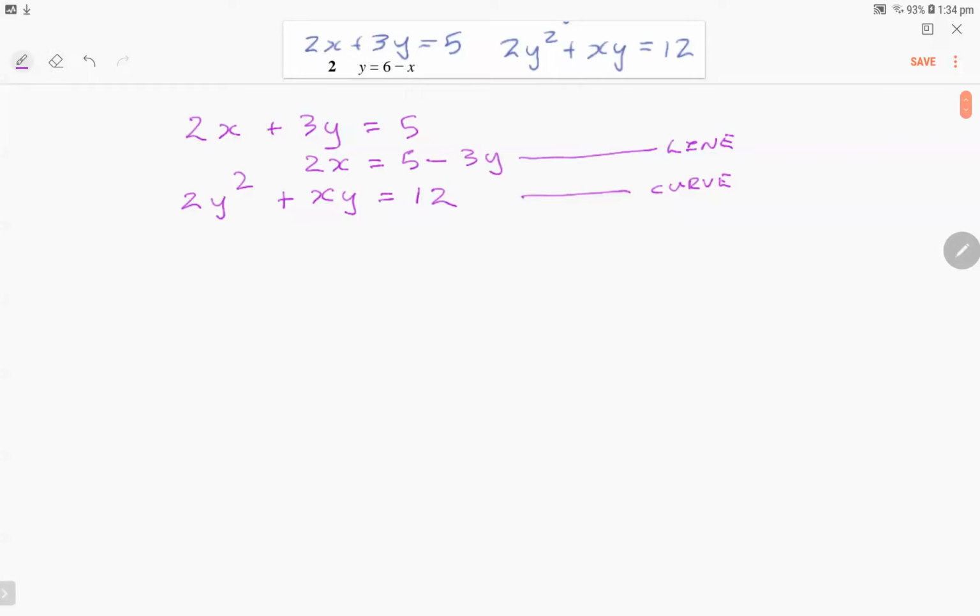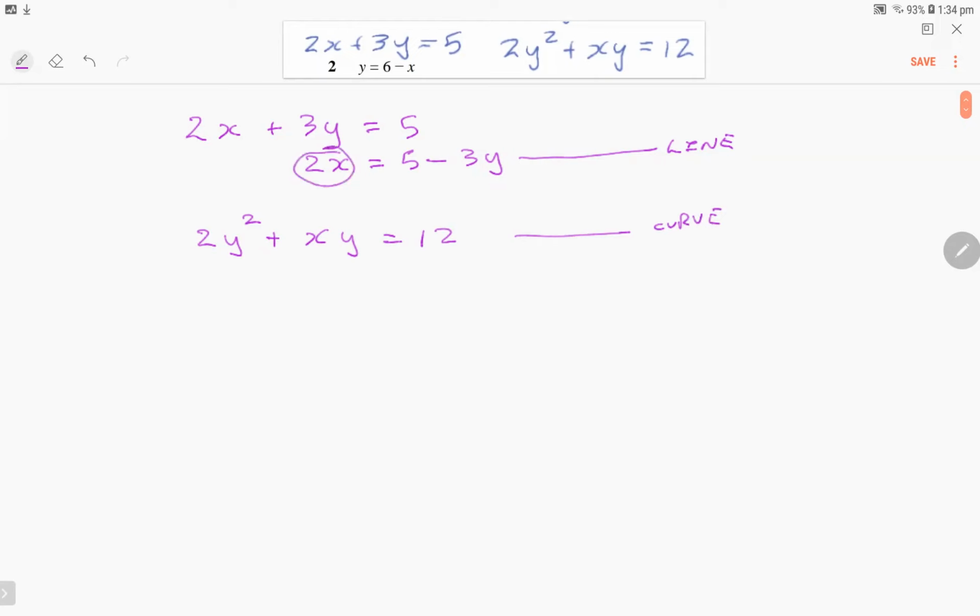All right, and then for the curve, I'm going to make an adjustment to the curve as well. Write this lower down so we can see it a little clearer. So the curve was 2y squared plus xy equals 12, and that is my curve as presented. But because I have 2x as my subject there, it would be nice if this also was a 2x.